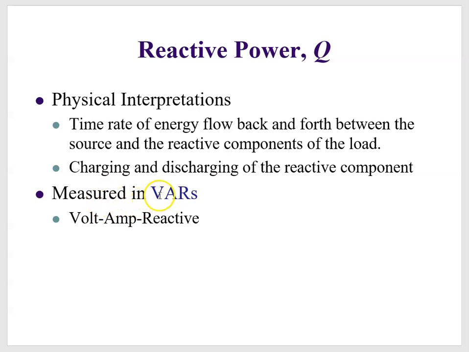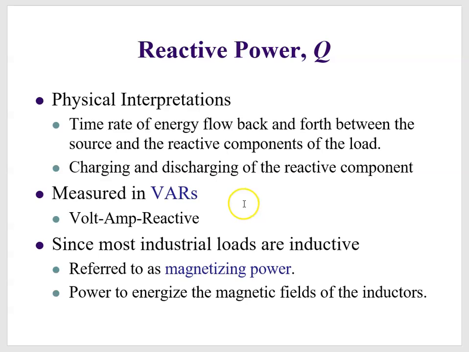It's measured in VARs, VAR for volt-amp reactive. By the unit, we'll be able to tell that that's the reactive power. Most industrial loads are inductive, so often these VARs are referred to as magnetizing power, the power to energize the magnetic fields in the inductors.